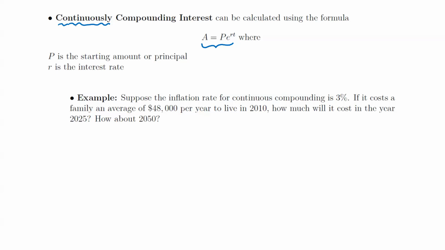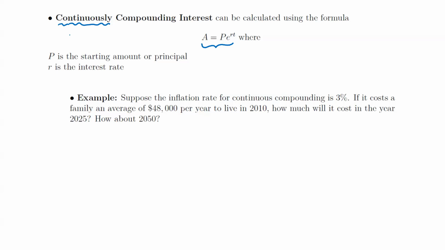But if we see continuously, then this is going to apply to things like inflation, right? So the concept of inflation, where how much buying power your money has does change over time, is something that is happening more or less continuously.